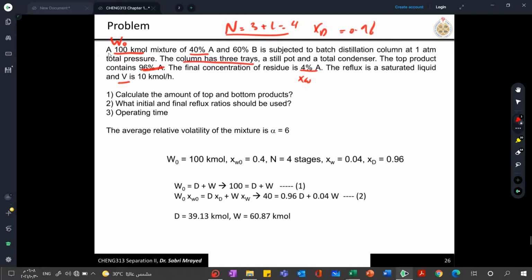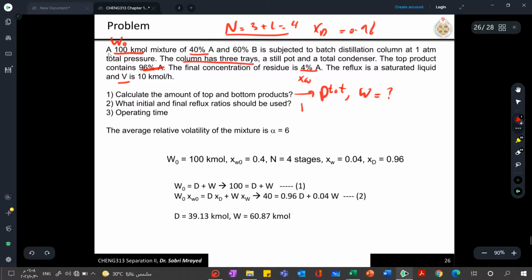They ask you to calculate the amount of top and bottom product. He wants you to calculate here D total, the top product, and W. The second question states: what are the initial and final reflux ratios that should be used.